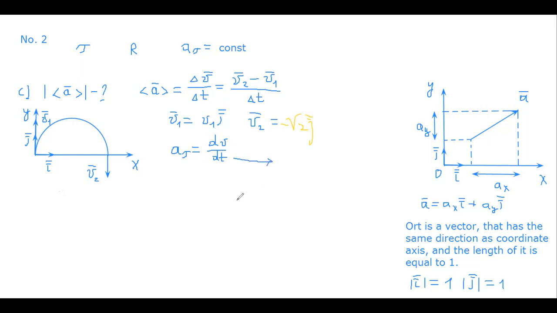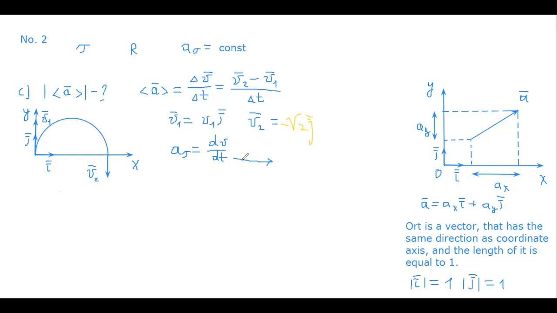To find velocity as a function of time, we have to solve this ordinary differential equation. And maybe you can remember from calculus that this is an ordinary differential equation of first order, and it has separable variables. So let's separate variables.